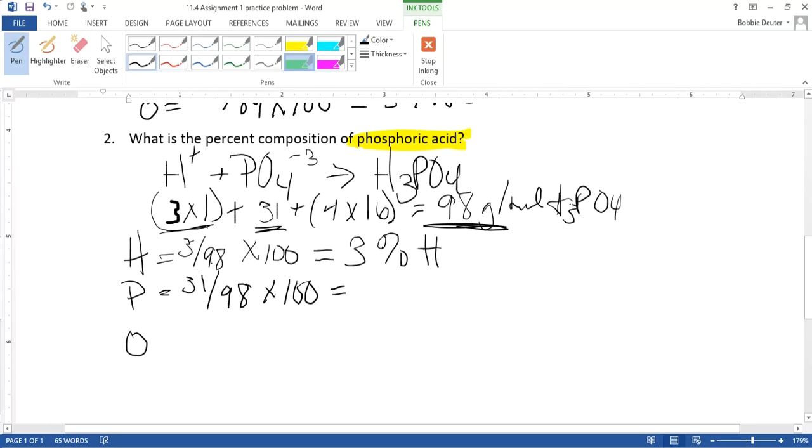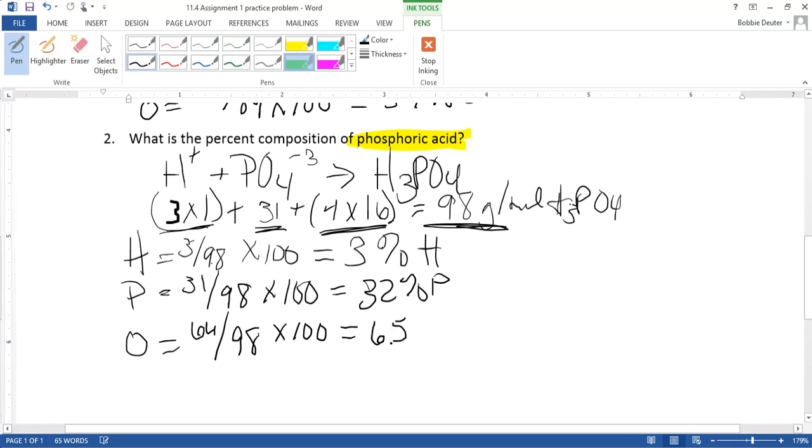And in this case, you get 32% phosphorus. Oxygen, since we have 4 of them, we have to take 4 times 16. That gets us 64 over our 98 times 100. And in this case, we get 65 percent oxygen.